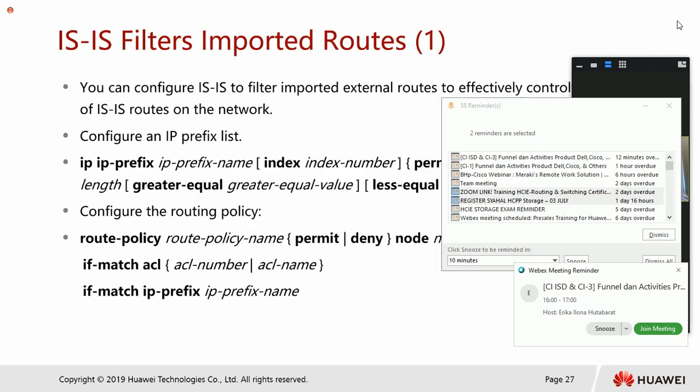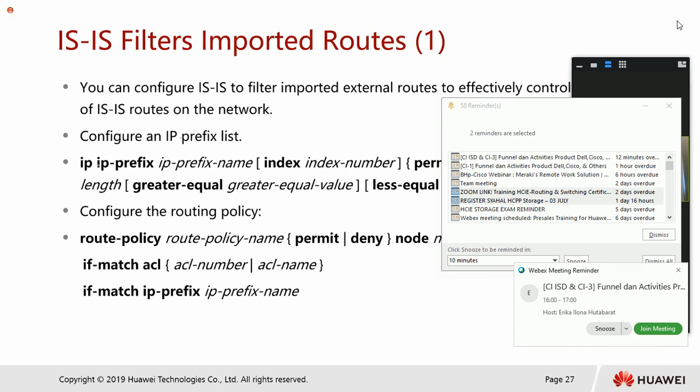ISIS filtering of imported routes. The routes imported into ISIS can be filtered. You can configure ISIS to filter imported external routes to effectively control the number of ISIS routes on the network.